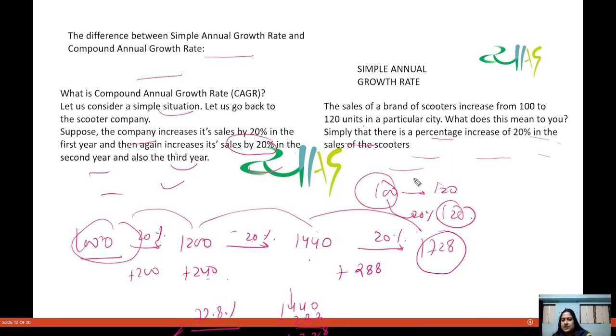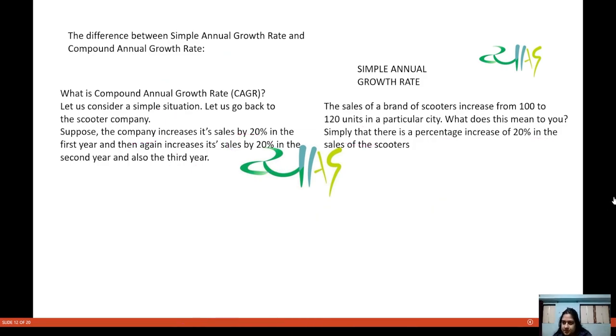So this is the difference between compounded annual growth rate, where each year there is an increase on the increase. From 1000 it became 1200, from 1200 it becomes 1440, and from 1440 it becomes 1728. So this is how we do this. I hope this is clear to everybody.